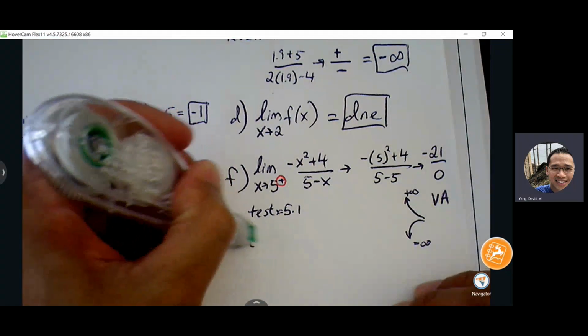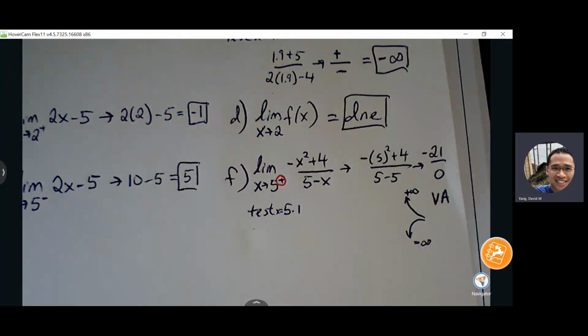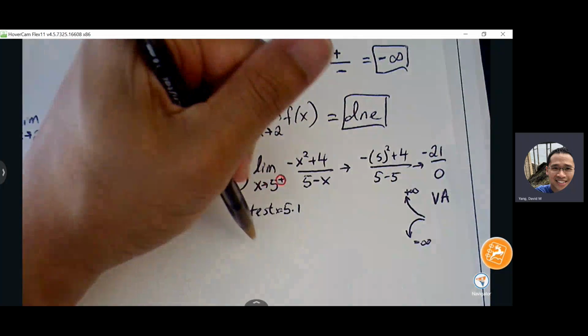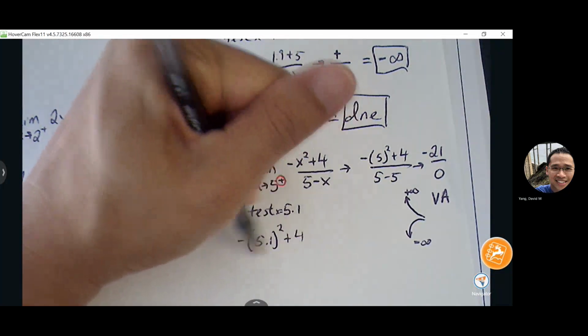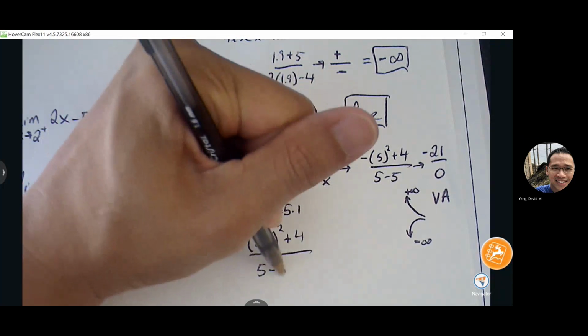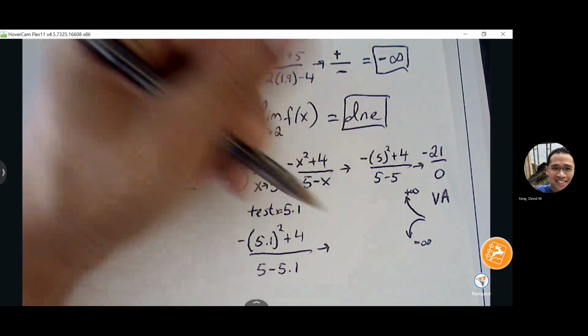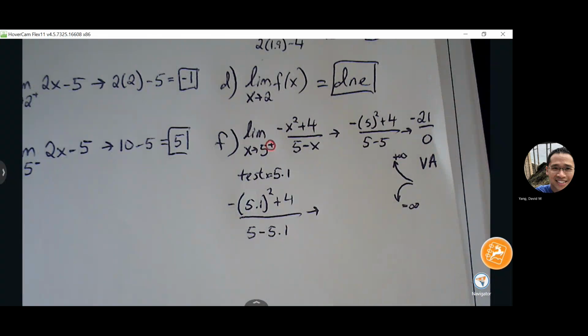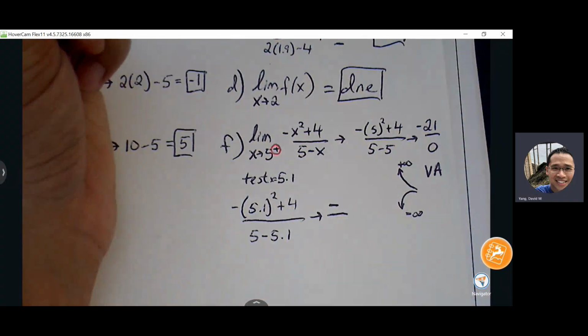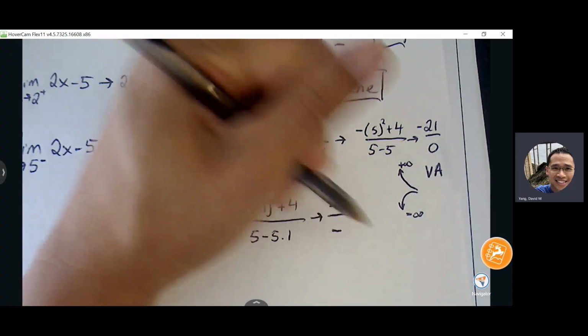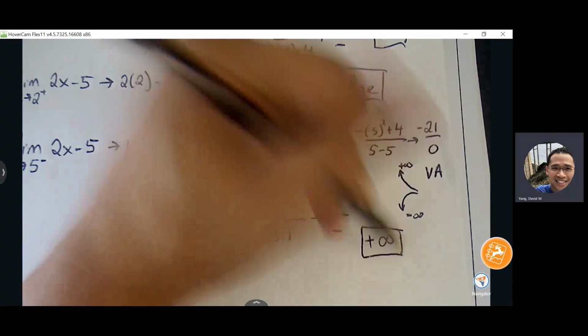Yeah, the 5.1 is going to get squared before that negative is seen. So we get a numerator above, denominator 5 minus 5.1 is also negative, therefore positive.